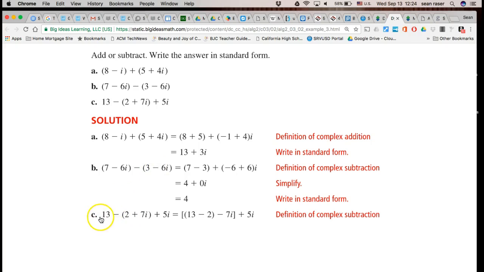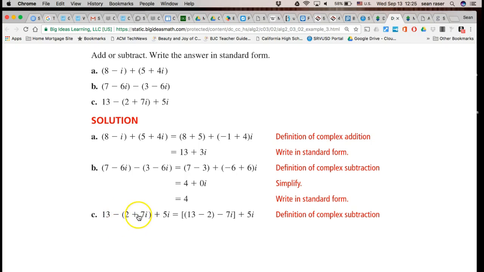So let's go and do this first. What we want to do first is subtract our 2 plus 7i from 13. Just like we subtract complex numbers up here, we're going to combine the real parts, 13 minus 2, and for 13 there is no imaginary component, so it's just going to be minus 7i.